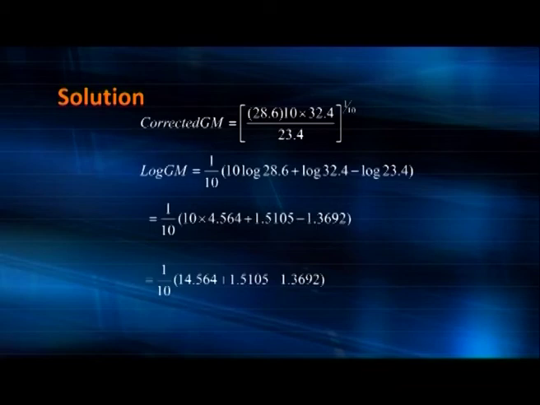Taking log on both sides of the equation and calculating, we will get the logarithmic value of geometric mean as 1.47053. Thus, the geometric mean is equal to antilog of 1.47053, which is equal to 29.54.